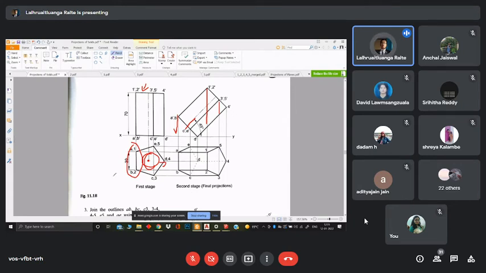And as it is a pentagon, looking slightly from this side, this face as well as this face are also going to be visible. So A15E is visible, BC32 is visible.